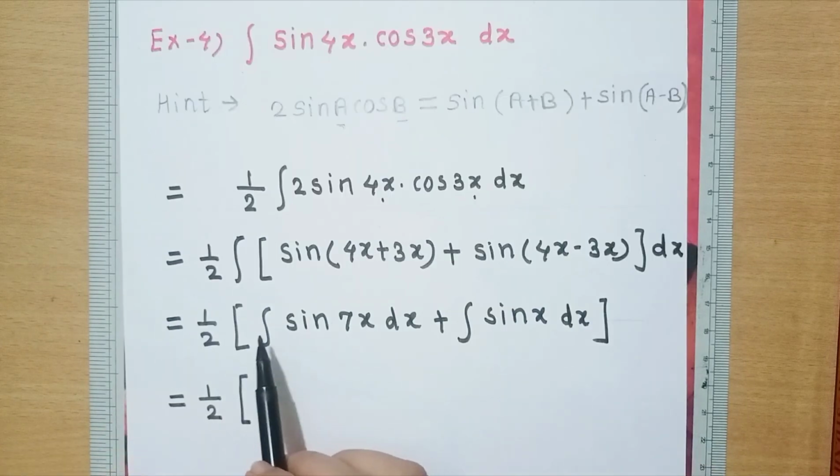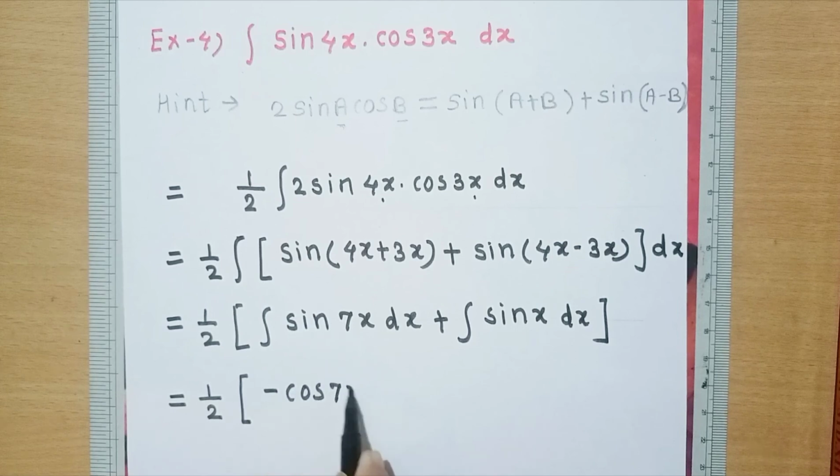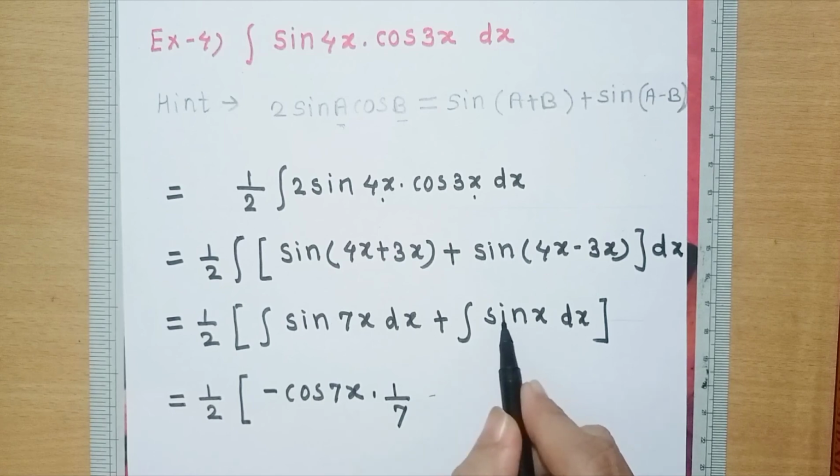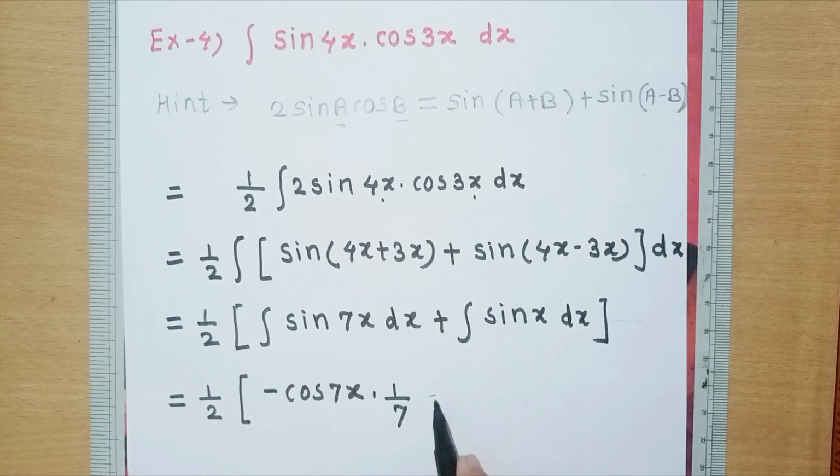Now look here, integration of sin is minus cos, so its answer is minus cos of 7x, but since this is in the form ax plus b, we will divide by its derivative, which is 7, and here also integration of sin x is minus cos of x, and then we will write here plus c.